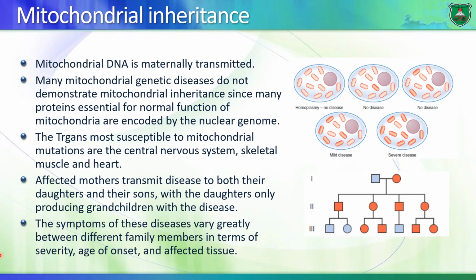Symptoms vary according to severity, the age of onset, the affected tissue, and so on. And it is related to the proportion of mitochondria that carry the mutation, by the way. So, for example, in a young individual specifically, they would have mitochondria having identical mitochondrial DNA.